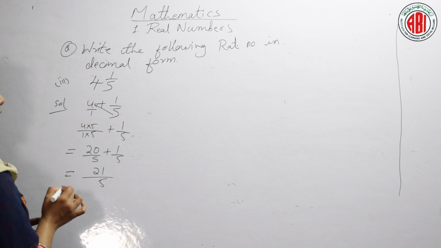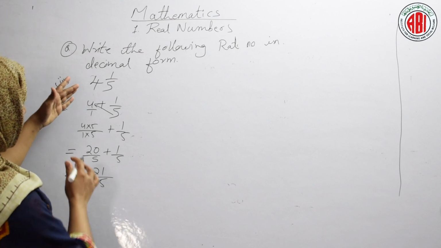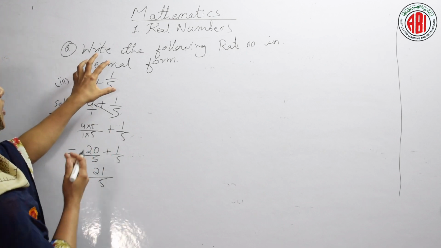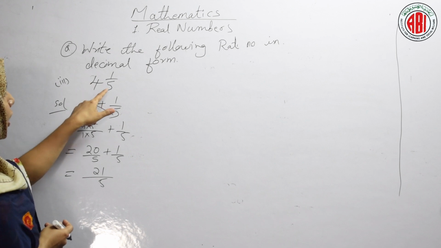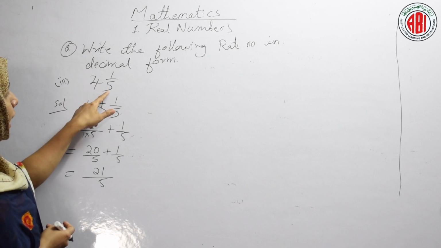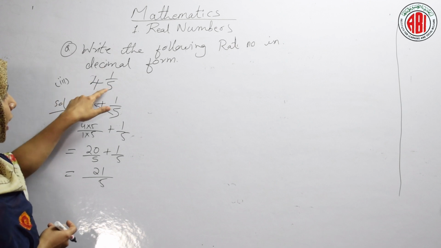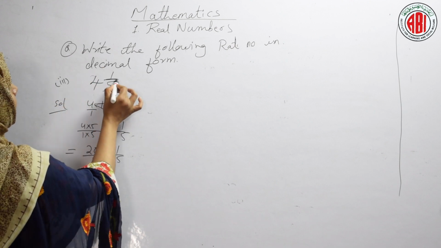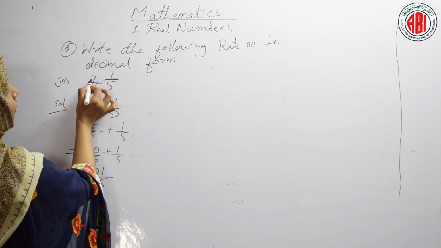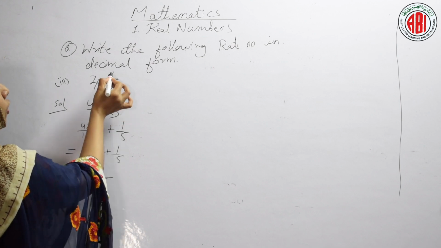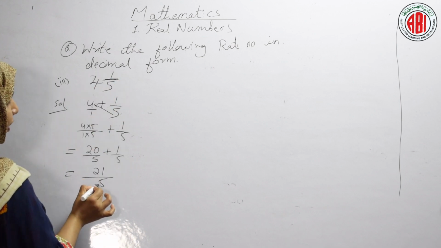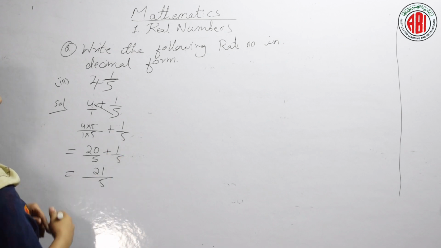So this is nothing but 21 by 5. Instead of solving all this, for a mixed fraction we can directly solve as 4 into 5, 4 5s are 20, 20 plus 1, this 1 you have to add. The 4 into 5 you have to multiply, right. 4 5s are 20, 20 plus 1, 21. So 21 by 5, directly also you can do it.